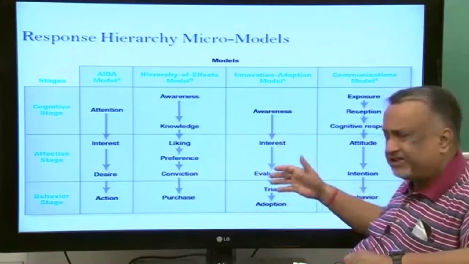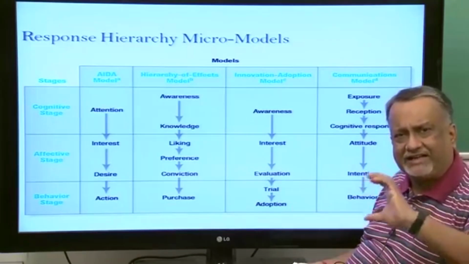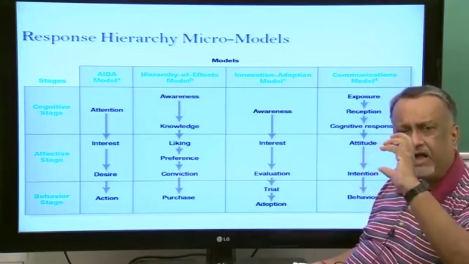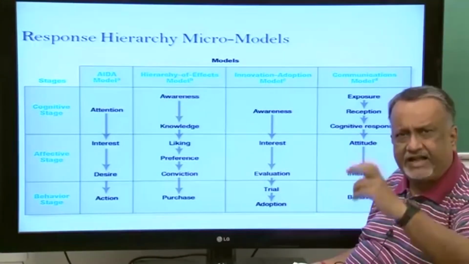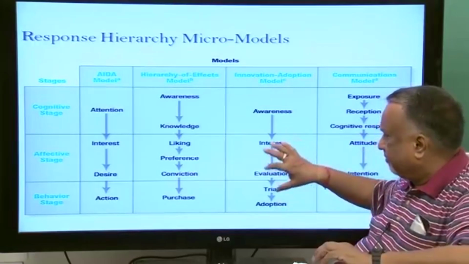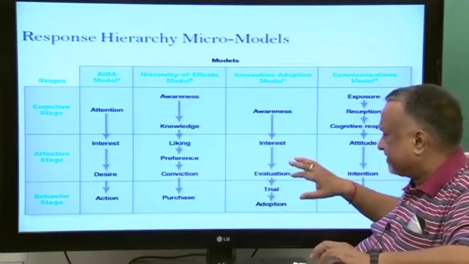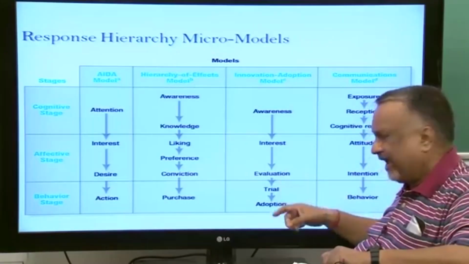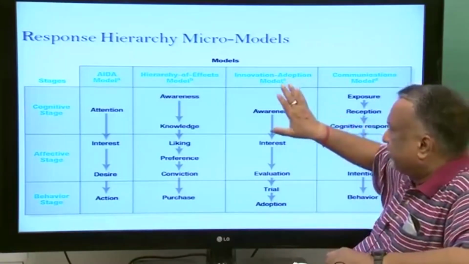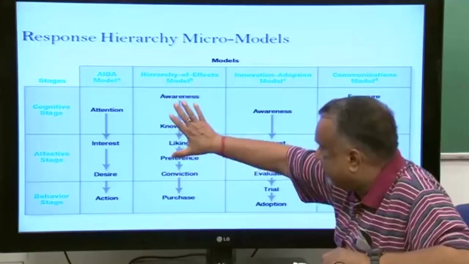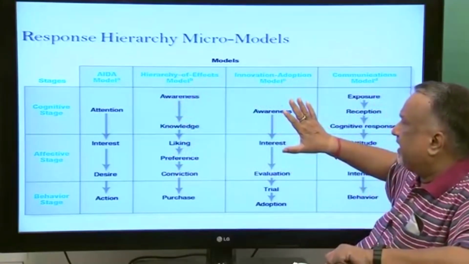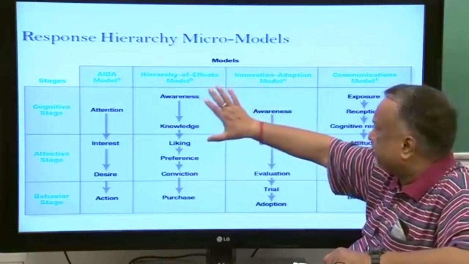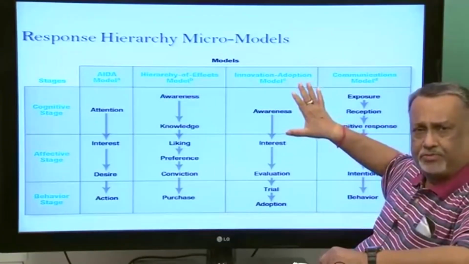So, at this stage, therefore, clear visible uniqueness and clear visible advantage must be created. So, there is interest and an interest to evaluate, which leads to trial and then to adoption. So, there are subtle differences between the hierarchy of effects model and the innovation adoption model.